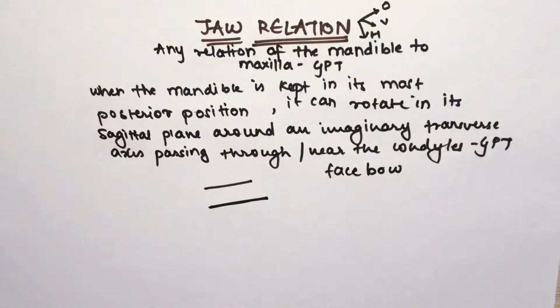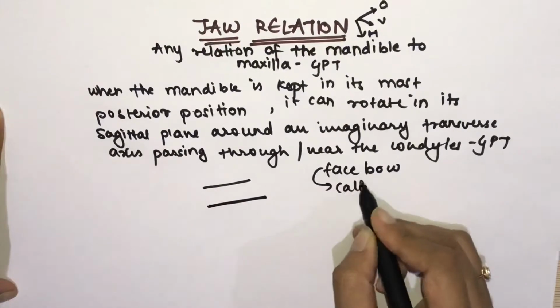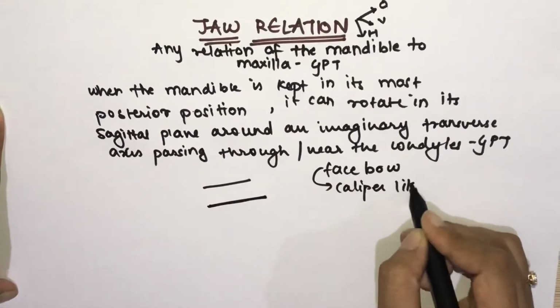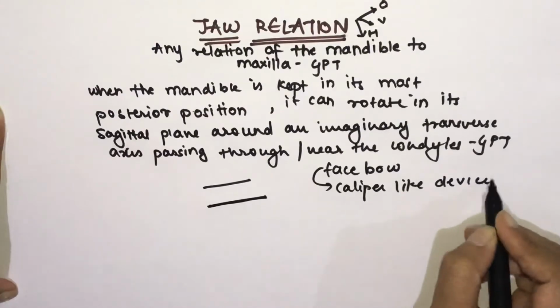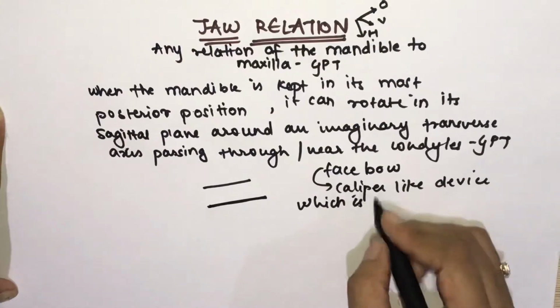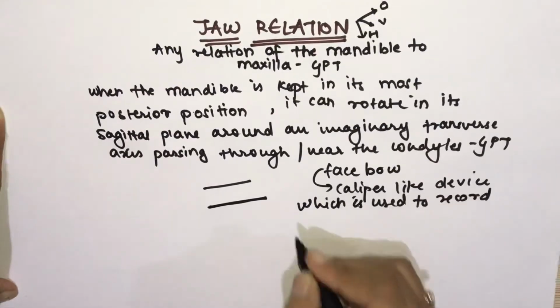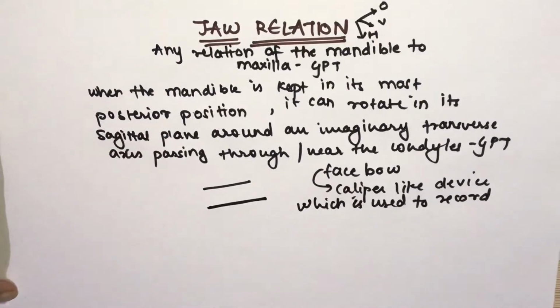Now what is this face bow? The face bow was given by Snow in 1802. It is a caliper-like device which is used to record the relationship of the maxilla and or the mandible to the temporomandibular joint.